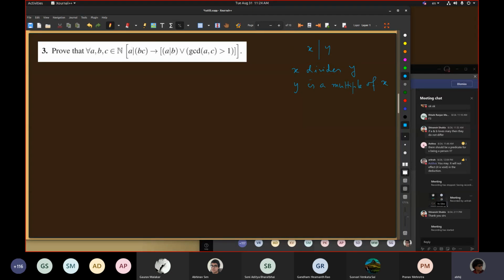Possibly I have introduced this; I will introduce this divisibility symbol in a later class. So this means if BC is a multiple of A, then either B is a multiple of A or GCD of A and C is greater than 1. Think about this.